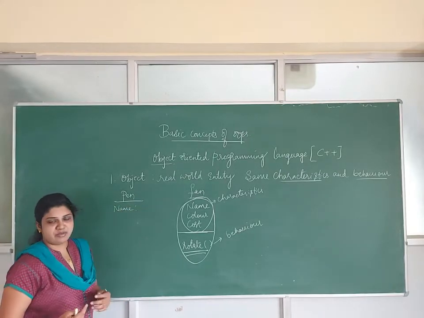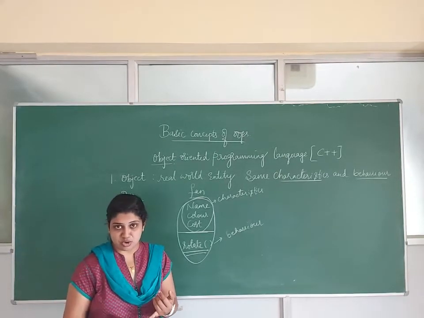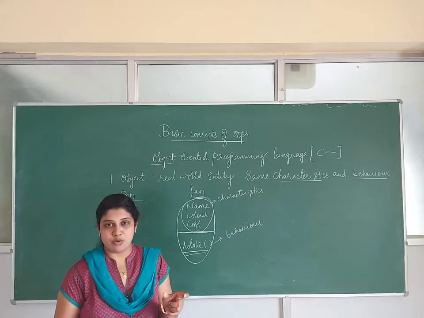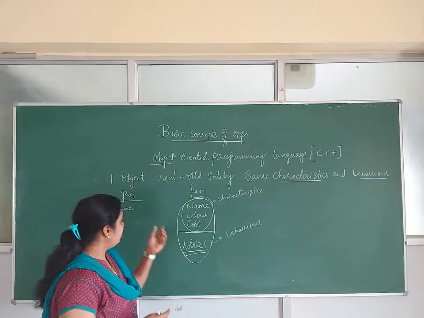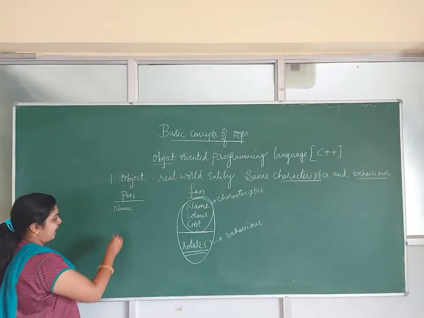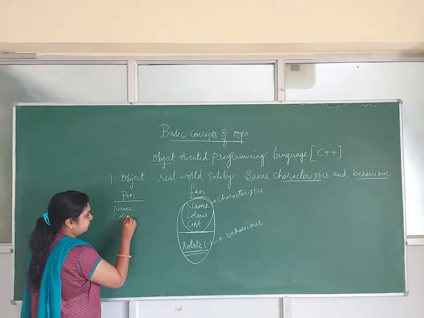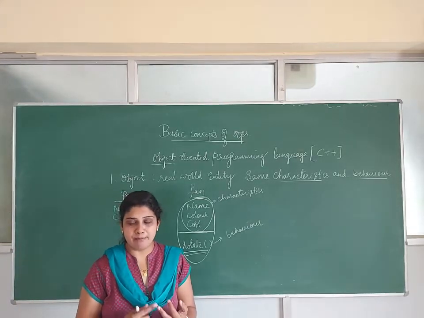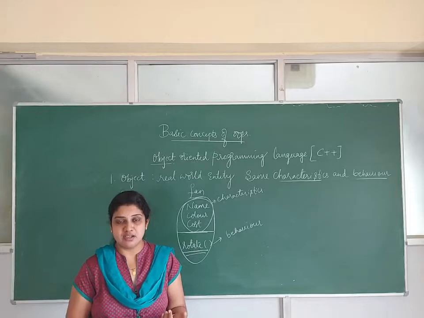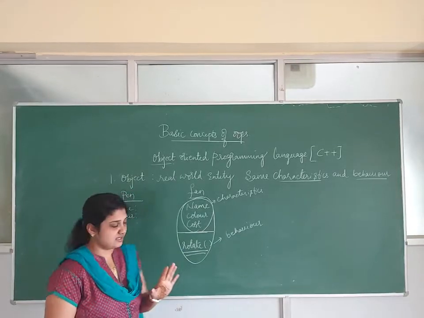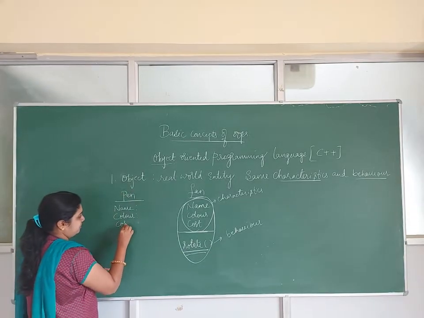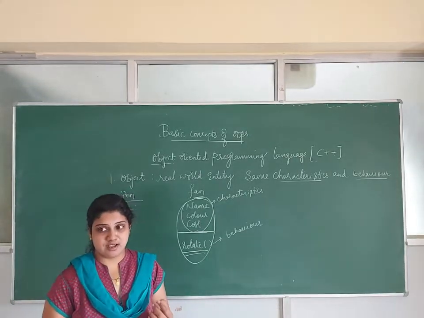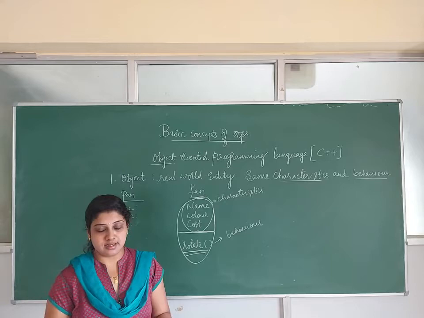It may be anything, either Reynolds, Cello Tape, or Cello Point. Then color, like blue, black, red, pink, or any shining color. Then cost, like 5 rupees, 10 rupees, 15, 20, like that.